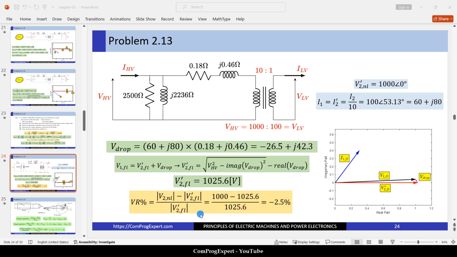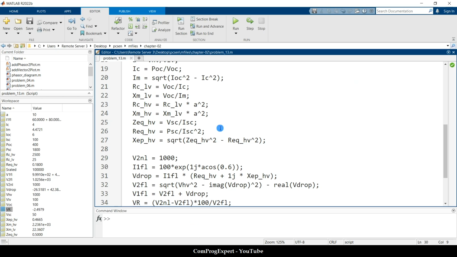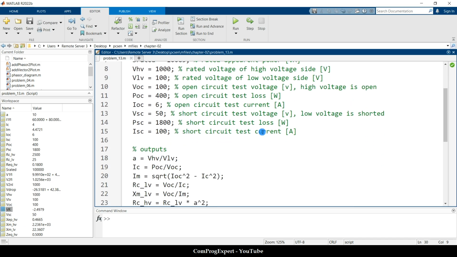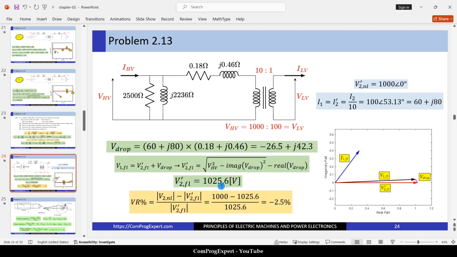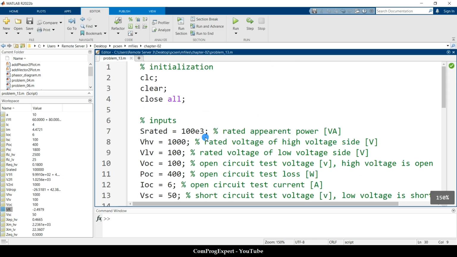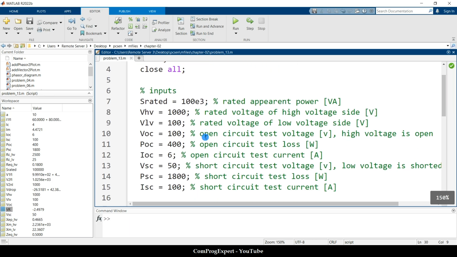So here is the M file for problem 13. Let's review the code to calculate the voltage regulation and compare with the number that we have here. We have these inputs. This is the rated apparent power, the kilovolt ampere.